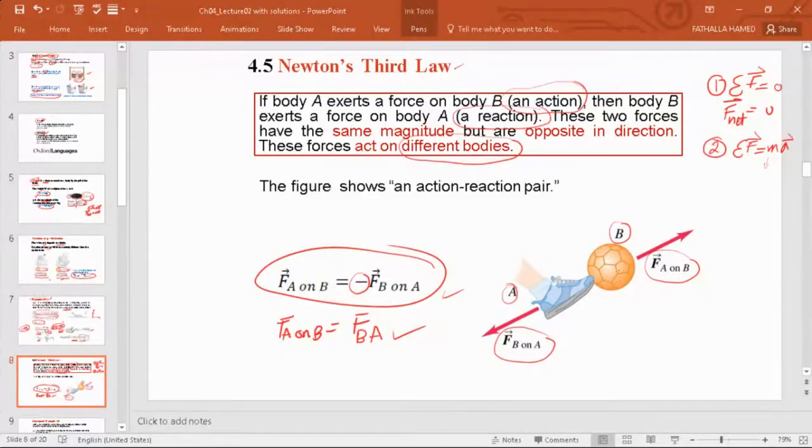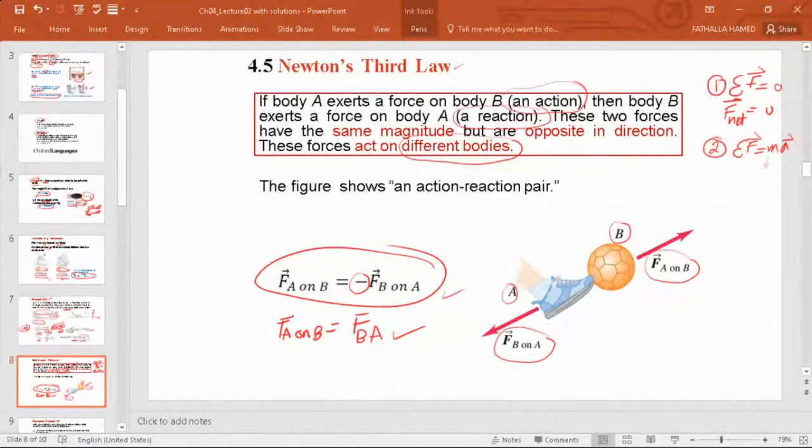You look at the force that is applied on the ball, and that should equal ma. And from that one, you can basically figure out the acceleration and so on. But the force that is applied by the ball is applied on the foot. So when you try to analyze bodies, you look at the forces that are applied on them.